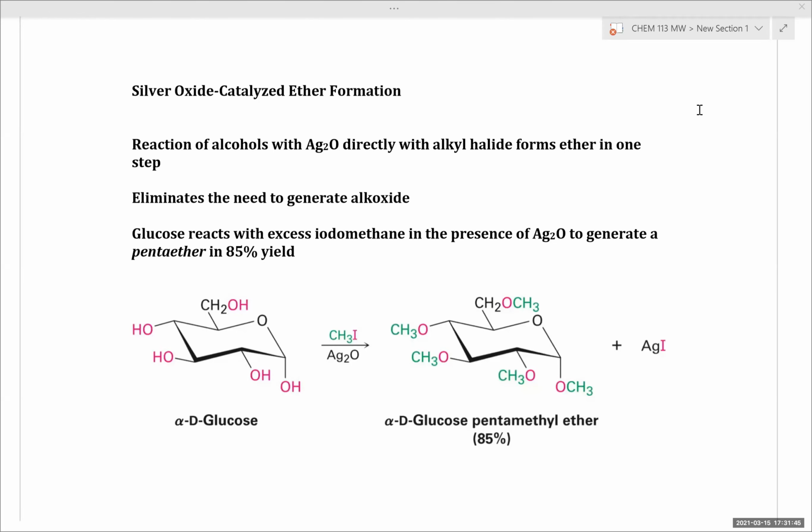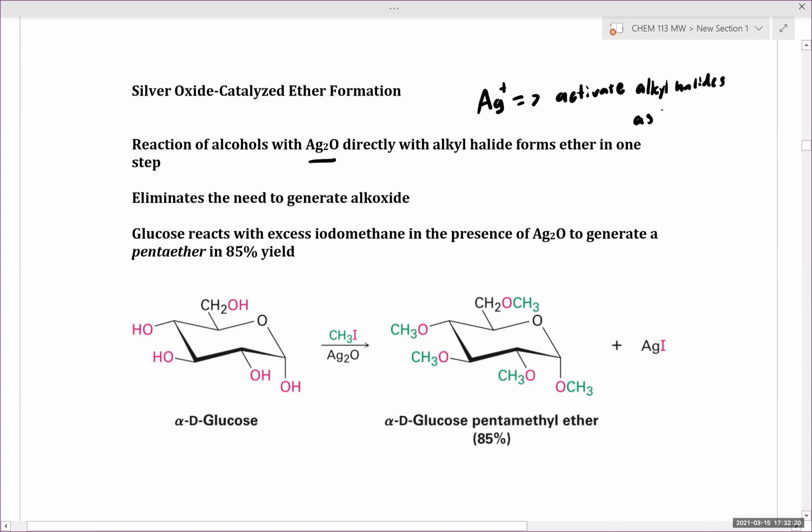Okay, so when we last left off, we talked about many methods to prepare and generate ethers. So silver oxide, the way that I want you to think of silver is that silver salts in general, silver 1 salts in particular, activate alkyl halides as leaving groups.